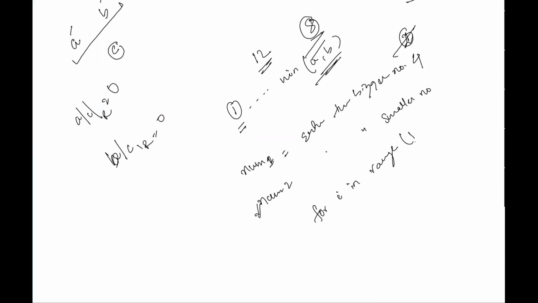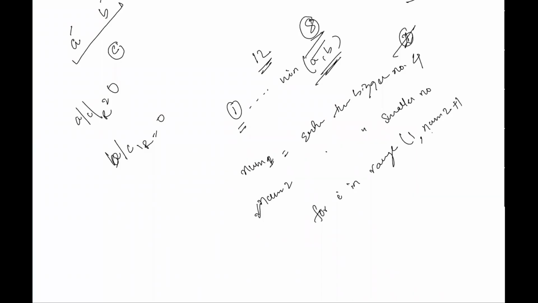If you remember, when I say range, it is a list of numbers and it will go in a loop, whatever the range is. So range of 1 comma your number 2, right? But here I will say number 2 plus 1. Why am I doing number 2 plus 1?